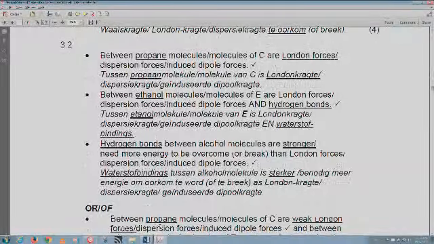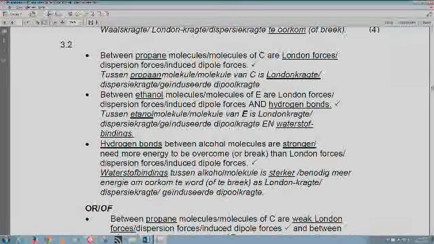Now for 3.2 there, the answers that are expected for 3 marks, the learner, the first answer must say, between propane molecules there are London forces, or between molecules of compound C there are London forces for 1 mark, or there are dispersion forces or induced dipole forces.